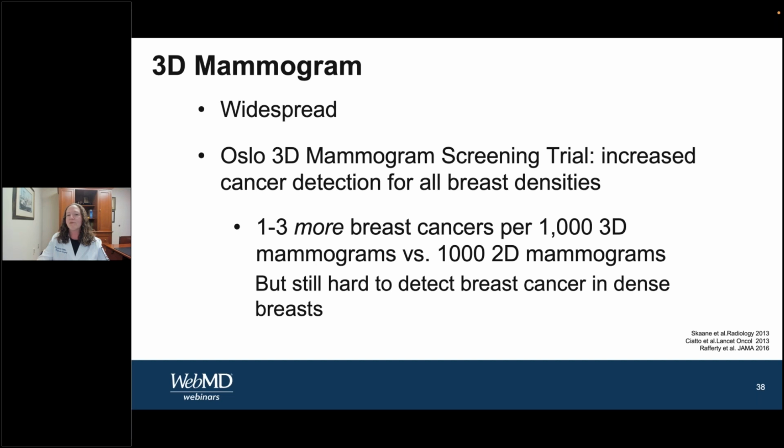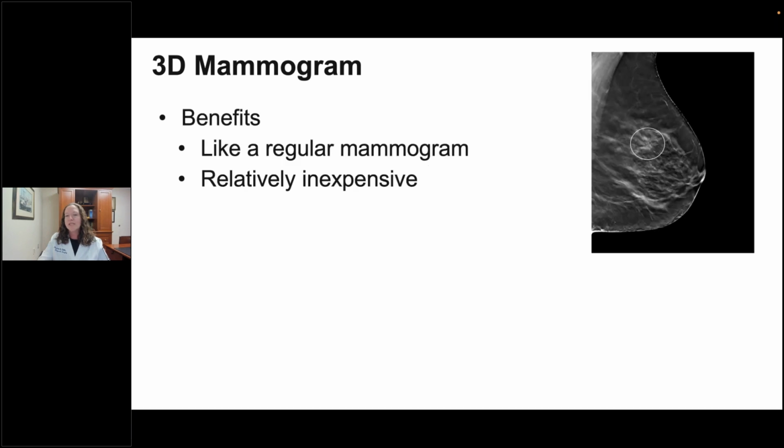And the 3D mammograms found about 1 to 3 additional breast cancers per 1,000 mammograms compared to the 2D mammogram. So remember, our range was about 2 to 7 for the 2D mammogram. So we find 1 to 3 more breast cancers on top of those that we found with the 2D mammogram. But a big limitation is that it's still hard to detect breast cancer in dense breasts, even on a 3D mammogram. So it really doesn't obviate the need for potentially undergoing some additional supplemental screening.